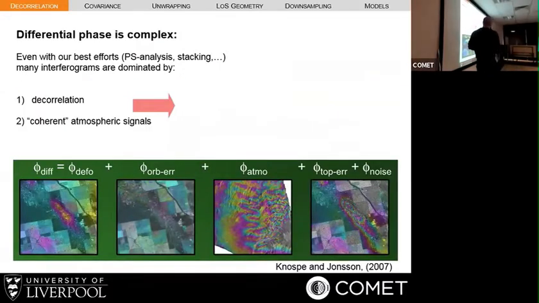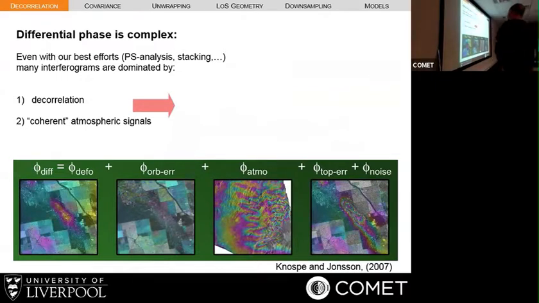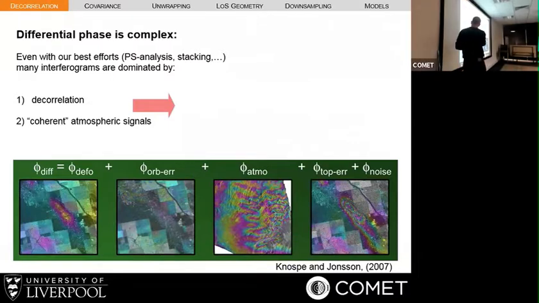The differential phase is complex, and I don't think that's a discovery to anyone, but even with our best efforts, PS analysis, trying to reduce as much as we can the correlation noise, and stacking to reduce the temporally correlated atmospheric noise, there will be, in many cases, interferograms dominated by noise. And what type of noises? We will essentially comment on two main sources, the most important ones.